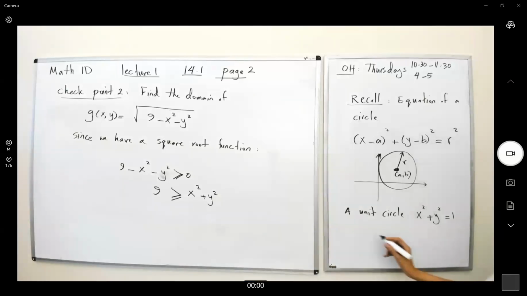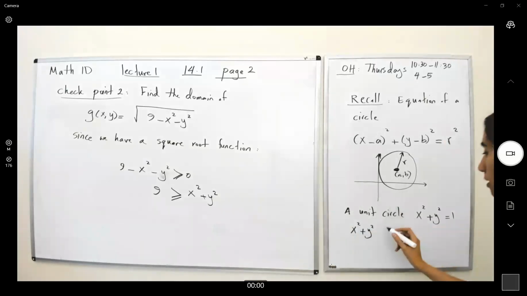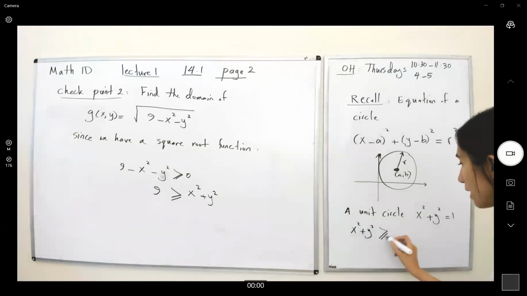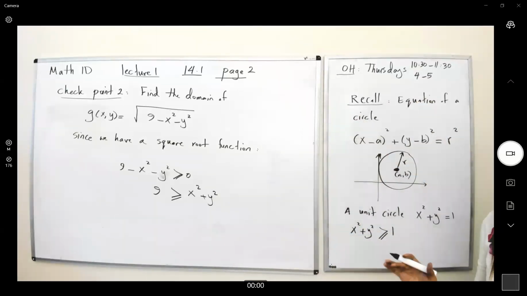When you say x squared plus y squared is greater than or equal to 1, it means that you're looking at the points outside the circle. This is your unit circle, and this is x squared plus y squared greater than or equal to 1. If it says less than 1, it means that you're looking at the points inside the circle, which is the case that we have here.